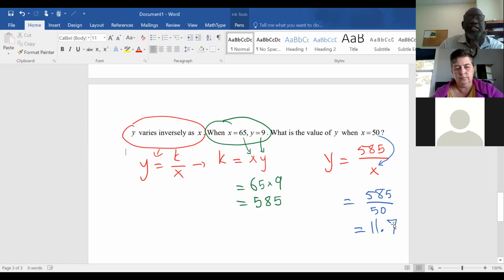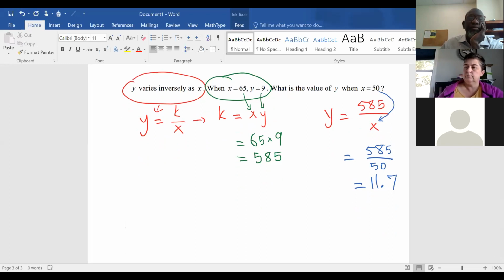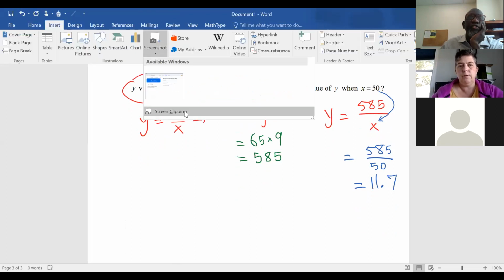Okay, so that is the inverse variation. You see here, when X went down, what happened to Y? Y went up. X went down from 65 to 50. Y went up from 9 to 11.7 in the same proportions, right? So that is the inverse proportionality. So now let me give another one, and then you try to do it. All right, so go ahead, do this one.